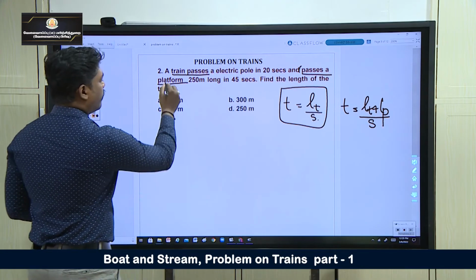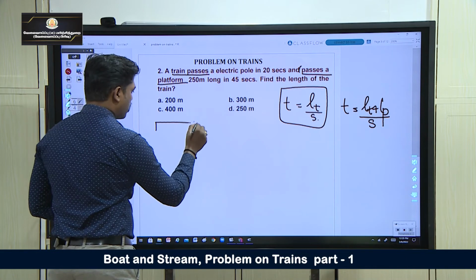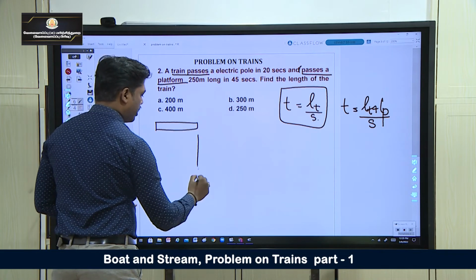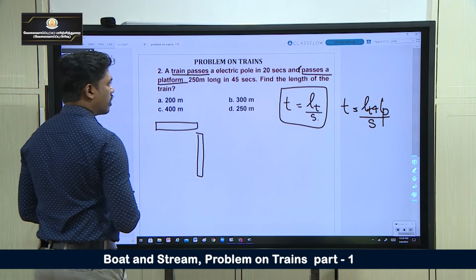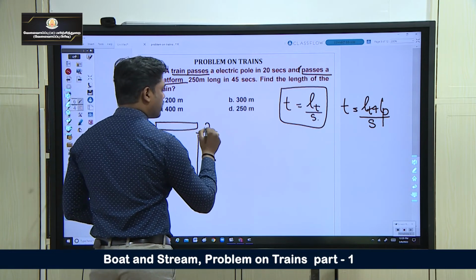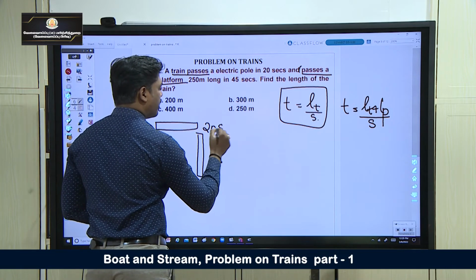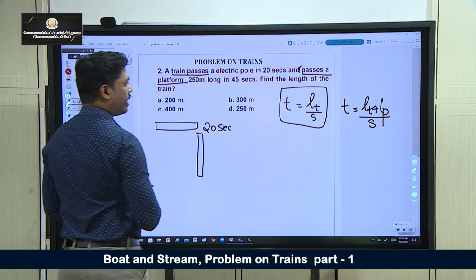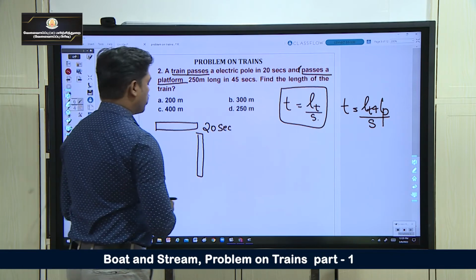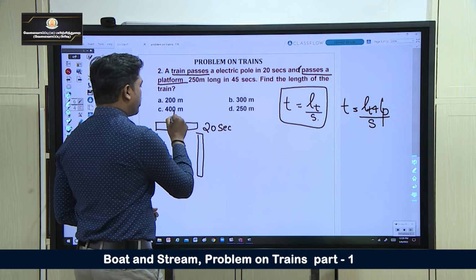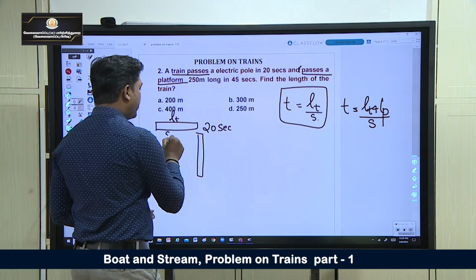Look at here. First, a train is crossing an electric pole in 20 seconds. They have given the timing here. They have not mentioned the length of train and speed of train.